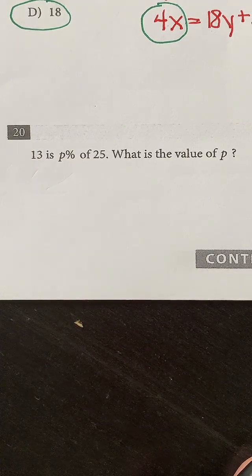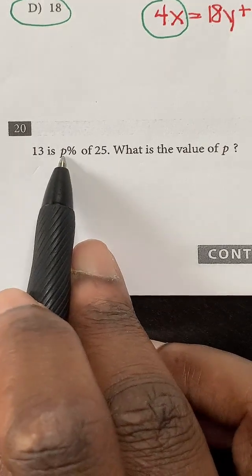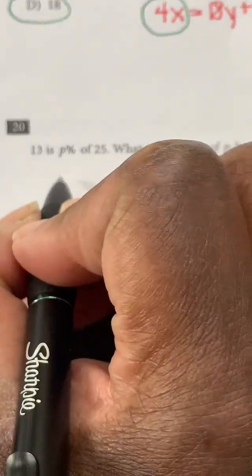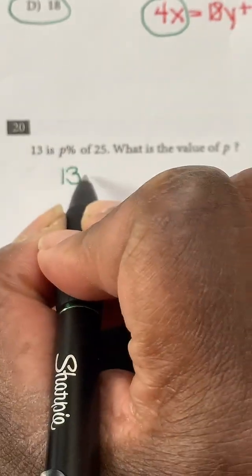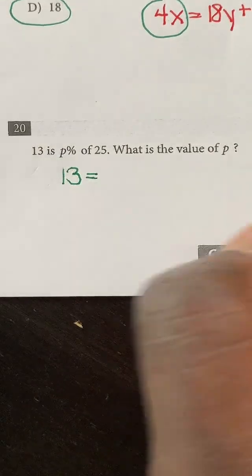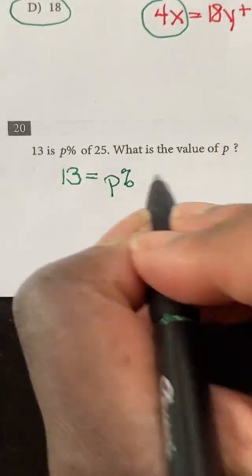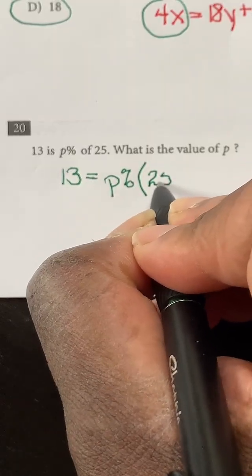So here we go, some more questions. 13 is P% of 25. Let me break it down. You've got 13 equals P% of 25, and "of" means multiplication.